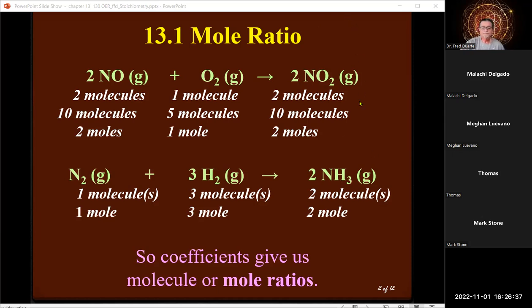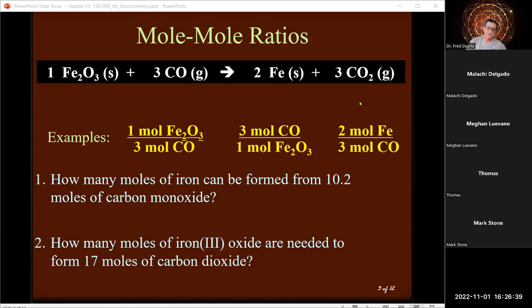Okay, so let's take a look at this reaction here. We have 1 mole of iron(III) oxide reacting with 3 moles of carbon monoxide to yield 2 moles of iron and 3 moles of carbon dioxide.